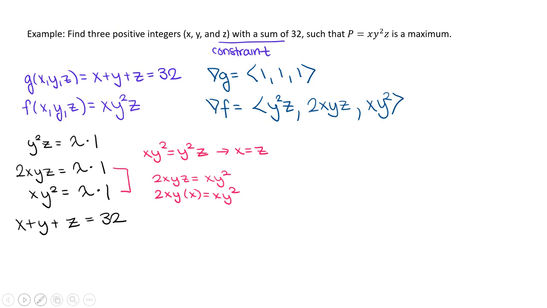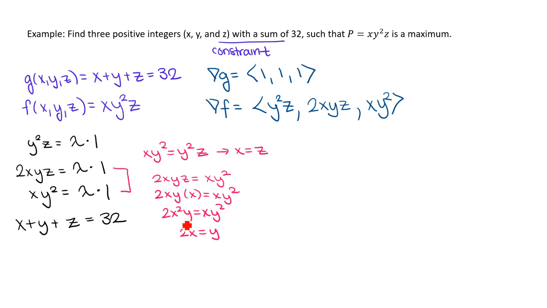So both of these equations equal lambda. Lambda is 2xy and lambda is xy squared. So that means the 2xy has to equal xy squared. And then I'm going to go ahead and use the fact that I already determined that x equals z, and so I'm going to replace that z with an x.